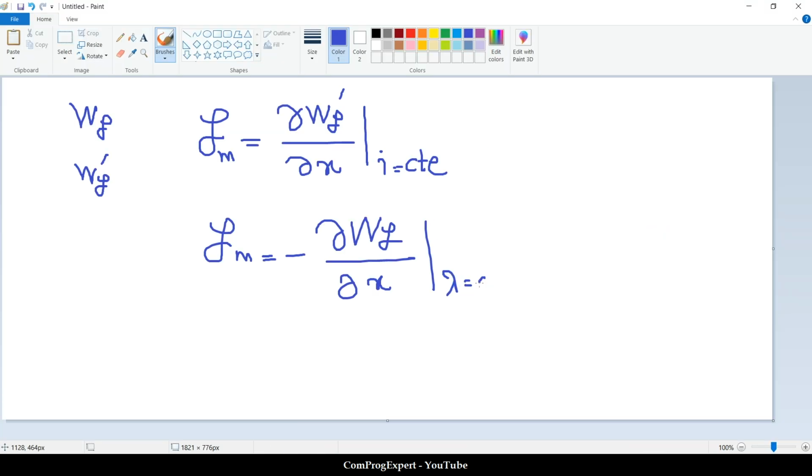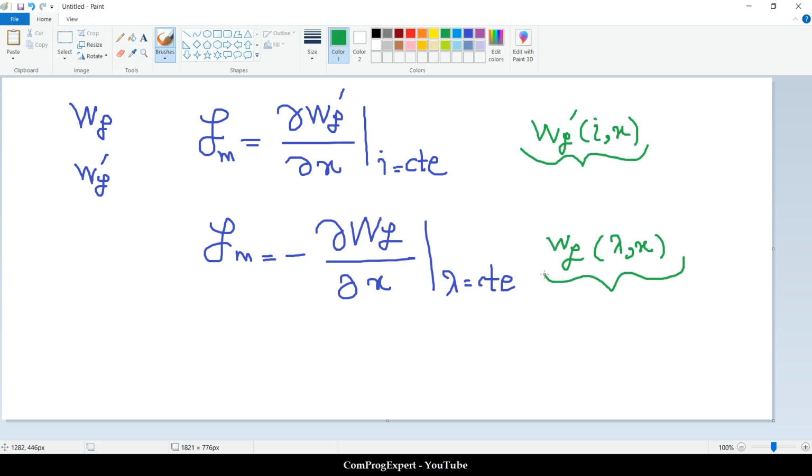Why partial derivative? Because we know that energy is a function of lambda and x. Here, co-energy is a function of current and x.